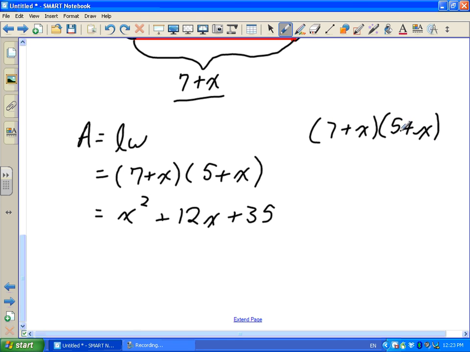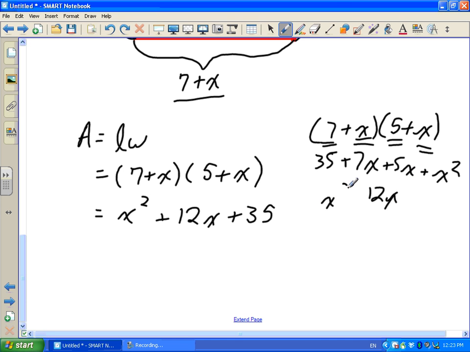But I expect you to know how to FOIL by now. 7 times 5 is 35. 7x, 7 times the x. X times 5, 5x. X times x, x squared. 7x plus 5x is 12x. I'm going to bring this x squared to the front. And 35. And boom. Got the exact same thing. Okay? That's how I FOILed that.